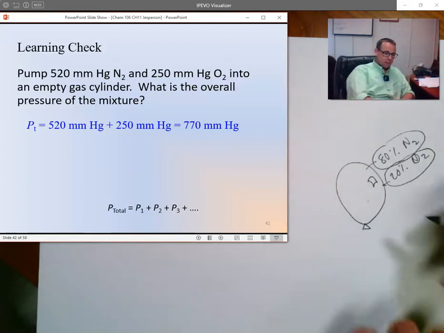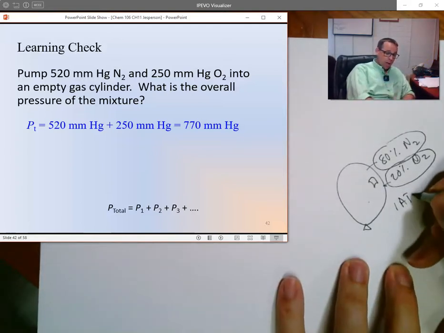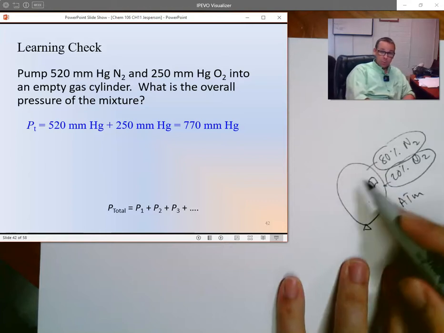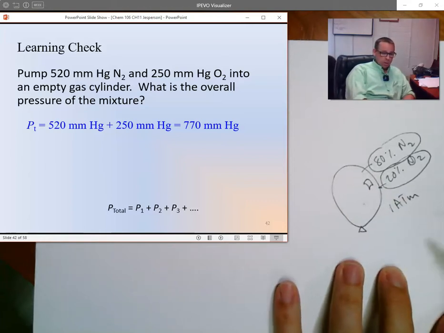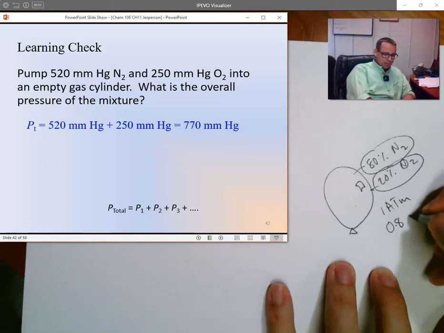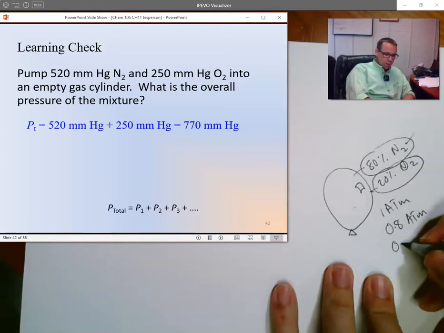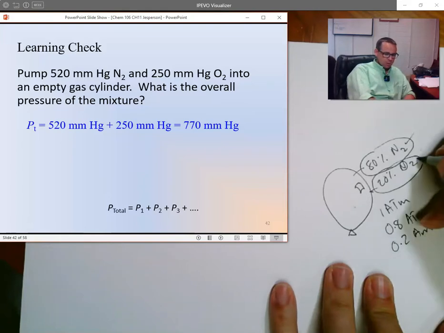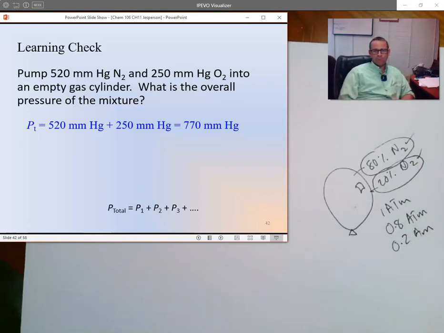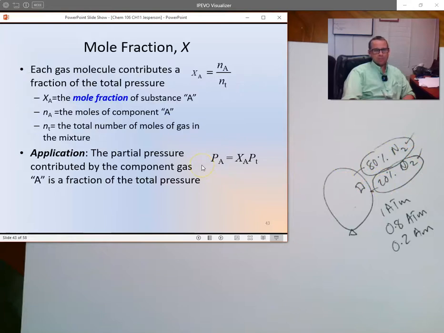For example, if I said I have 1 atmosphere of pressure in this balloon, that would mean I have 0.8 atmospheres from the nitrogen and 0.2 atmospheres from the oxygen. All right, and we would call these partial pressures because it's the pressure contributed by the different components in the balloon. All right.